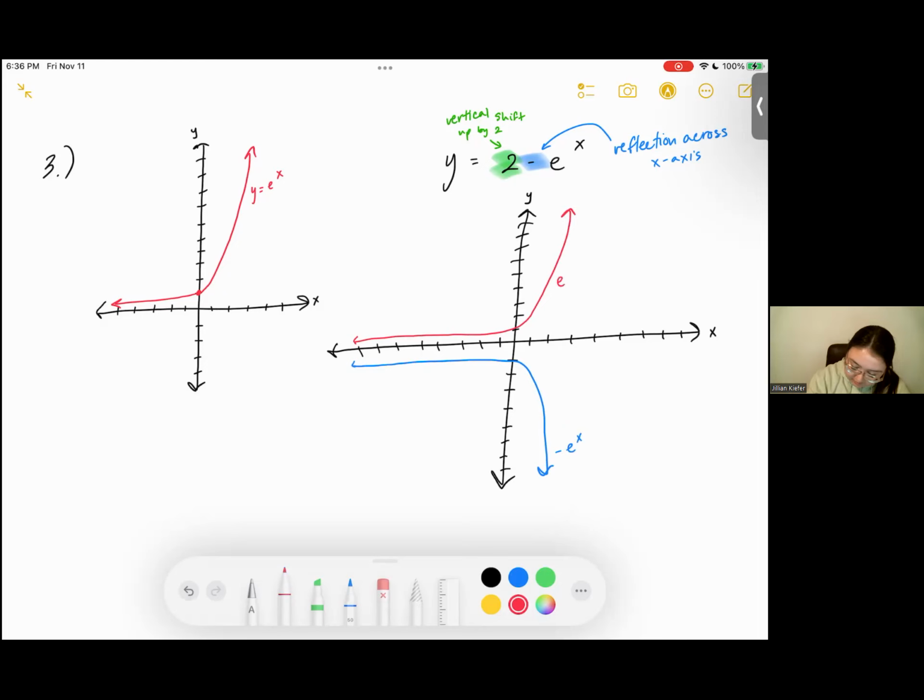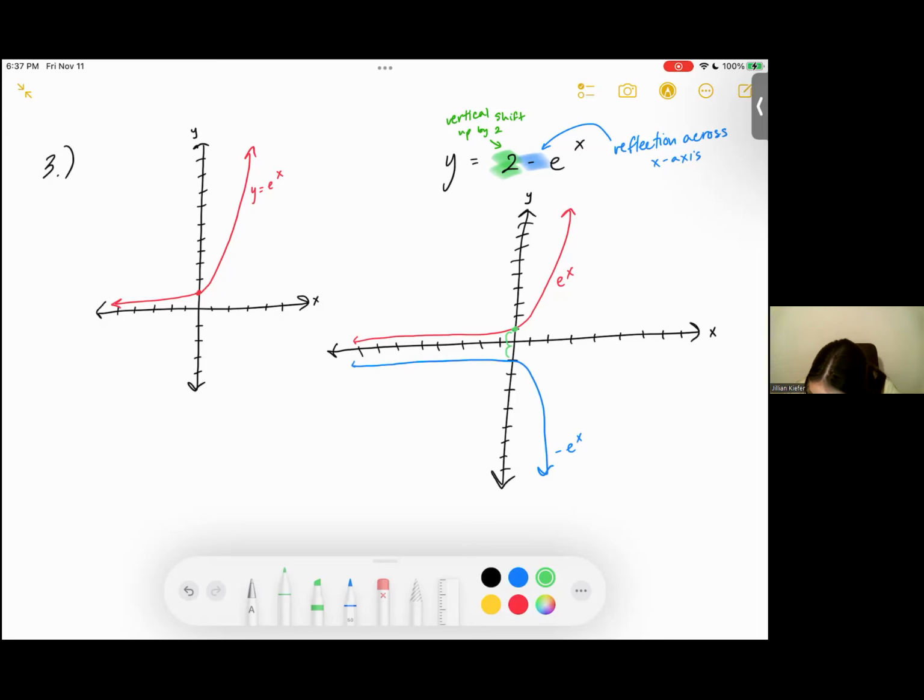This is e to the power of x. And then we have the vertical shift up by 2. So our vertical shift up by 2 means that we're going to grab that blue graph and bring it up 2 spaces. So an idea as well is that we can kind of take that one point that we have at 0, -1 and bring that up 2 spots. And what this ends up looking like is that this is going to be our intercept.